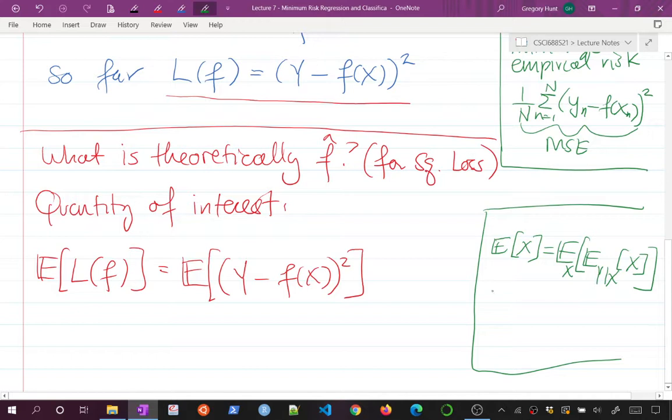Well, it turns out there's no particular reason why we need to restrict ourselves just to x. You can come up with a similar kind of thing. For example, if I wanted the expected value of xy, I could look at the expected value with respect to x of the expected value with respect to the conditional distribution y given x of xy, and that is also true.